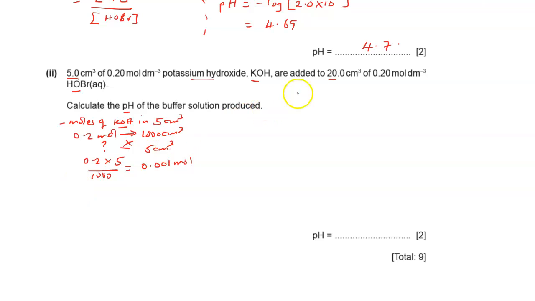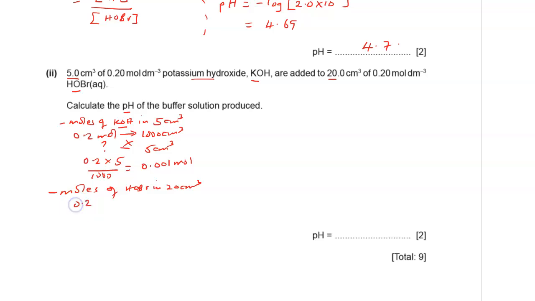So let's get the number of moles of bromic acid that are in 20 centimeters cubed if in 1 liter we have 0.2 moles of bromic acid. So moles of bromic acid in 20 centimeters cubed.